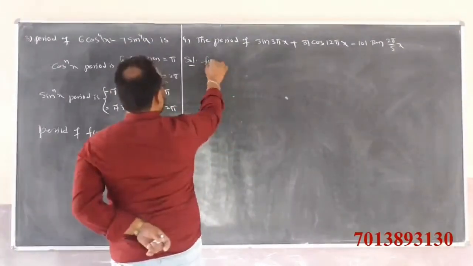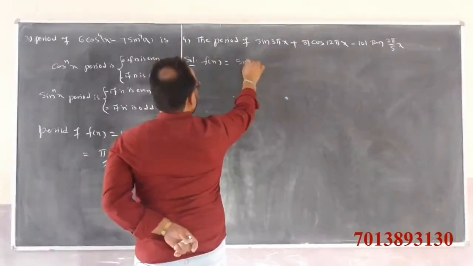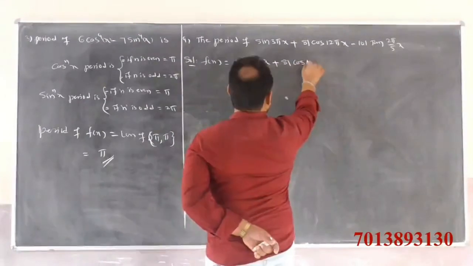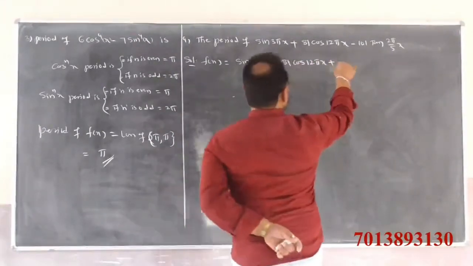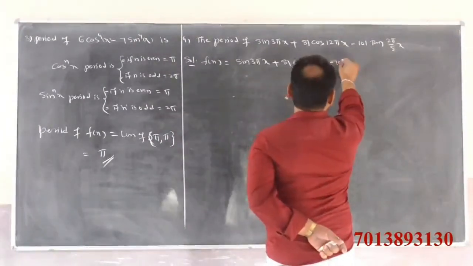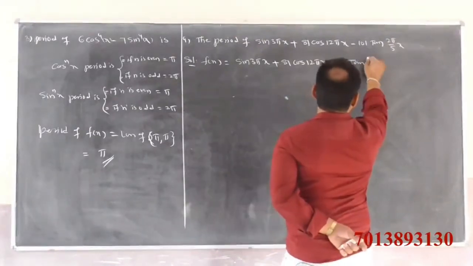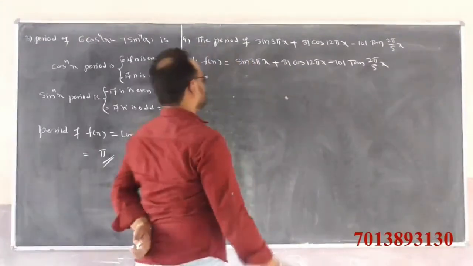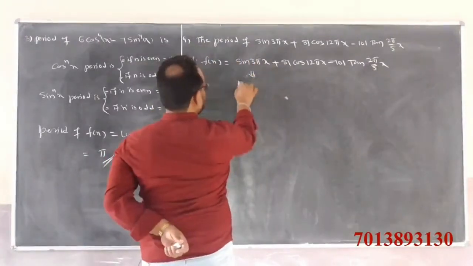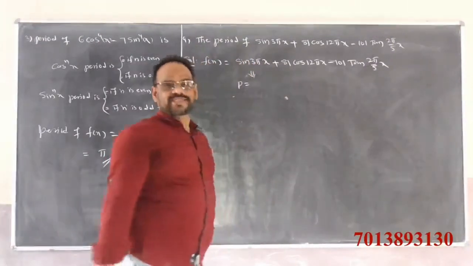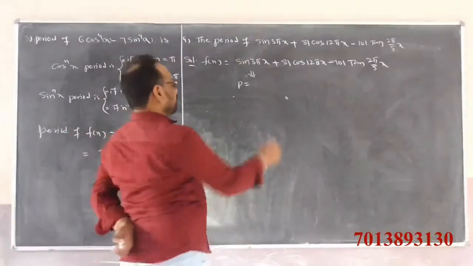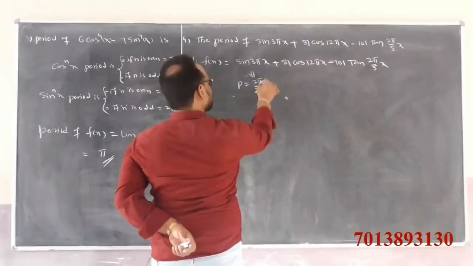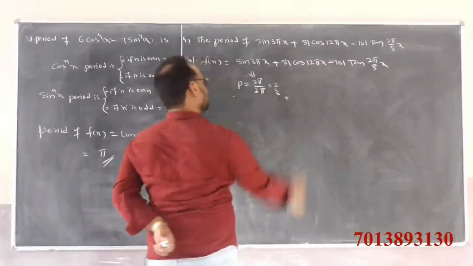So f of x is equal to sin 3 pi x plus 81 cos 12 pi x plus 5 minus 101 into tan 2 pi by 5 into x. Clearly, for sin ax, the period is 2 pi by mod a. So 2 pi by 3 pi, pi gets cancelled, we get 2 by 3 as the period.